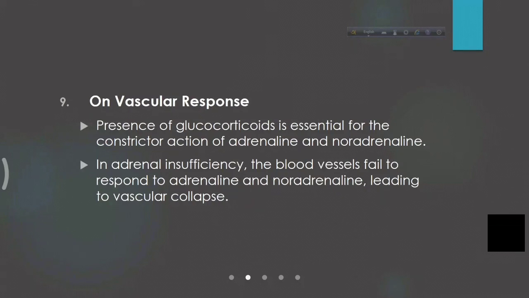In such cases, cortisol helps blood vessels respond to adrenaline. But if there is deficiency of cortisol, adrenaline would fail to cause vasoconstriction, which might lead to delay in countering shock.